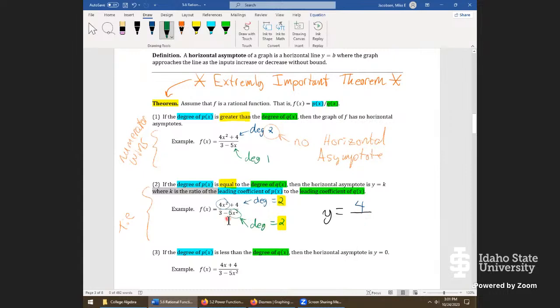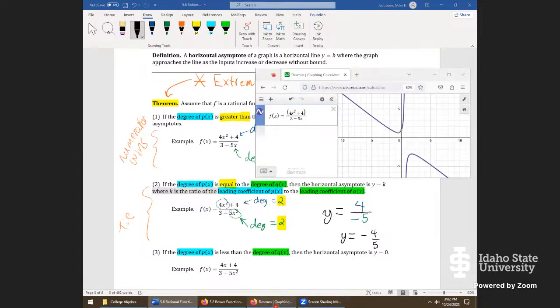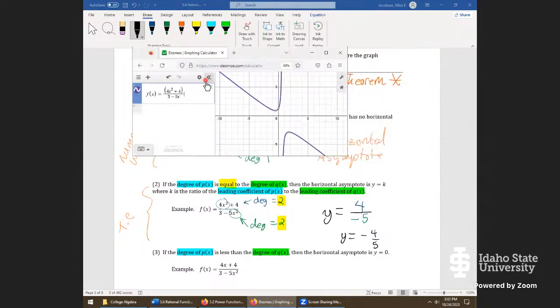Coefficient down below is tricky because we also have to grab the sign of -5. So this is altogether y equals -4/5. That means this should be settling down on -0.8 as a horizontal asymptote. So let's take a look at the graph and see if that's really happening on this one, just to get a feel for it.